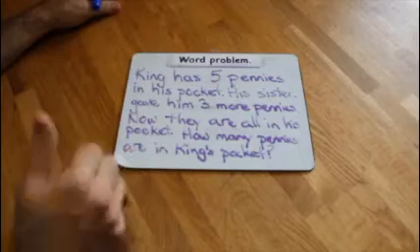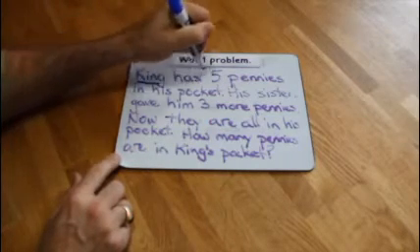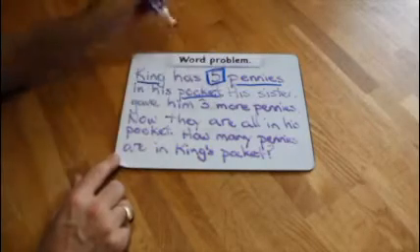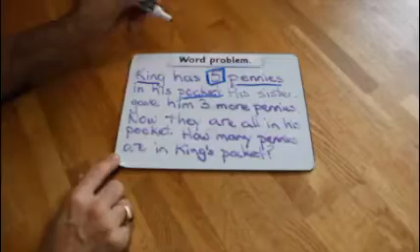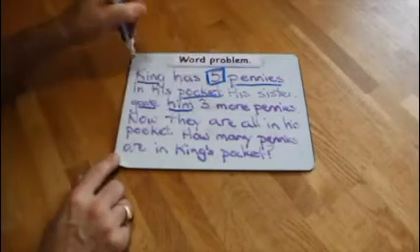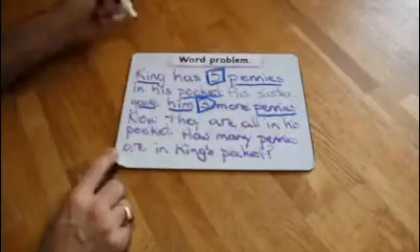Okay, you guys can do your mental math, but let's get this information. King has 5 pennies in his pocket. His sister gave him, as King, 3 more pennies.